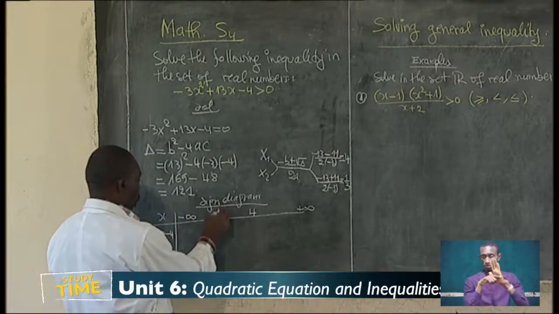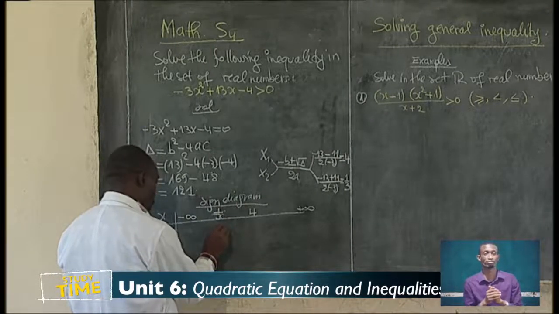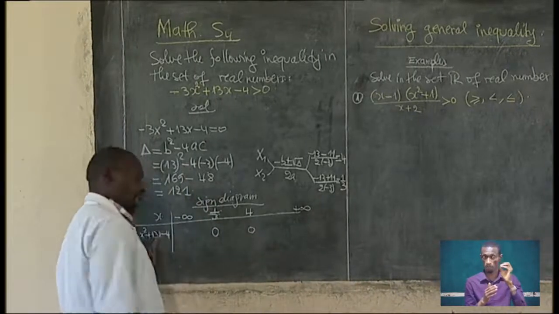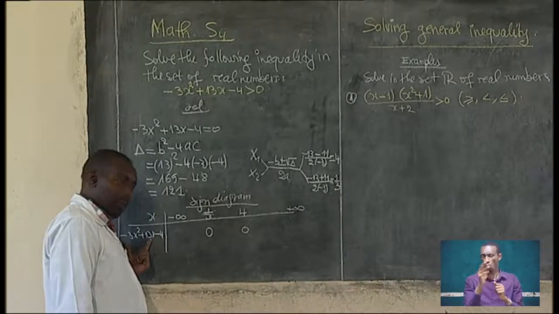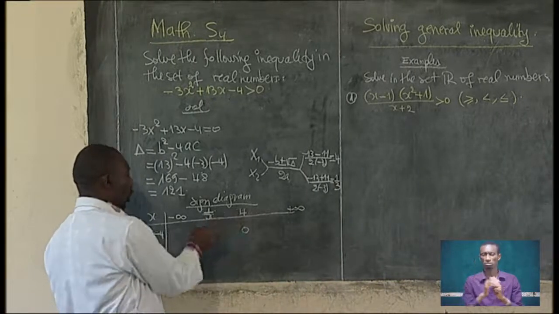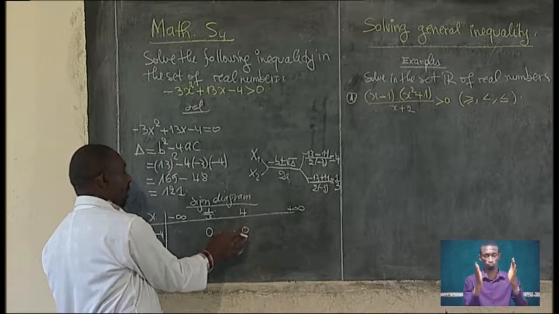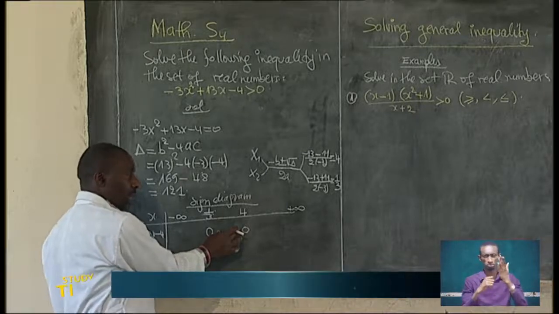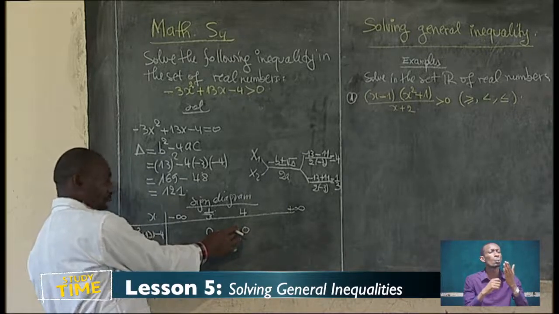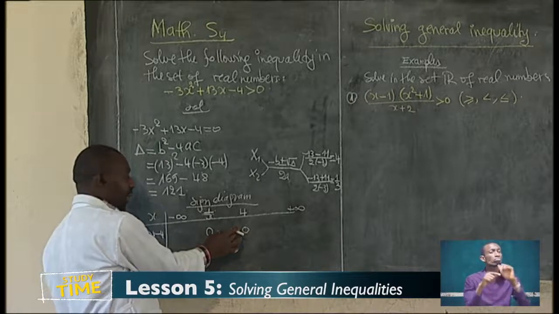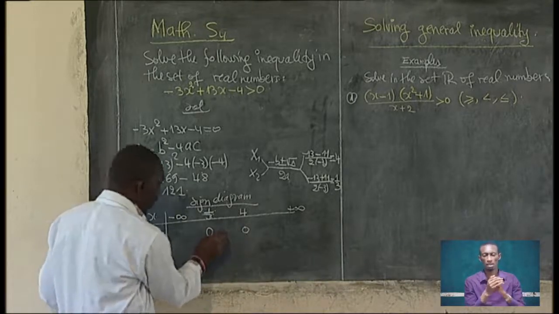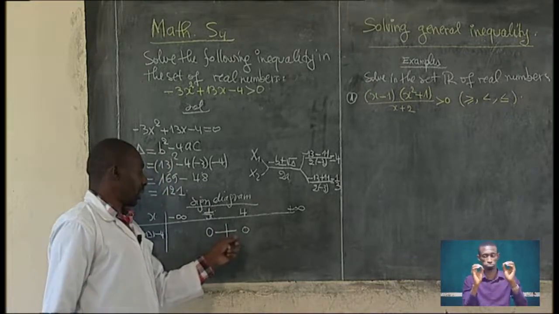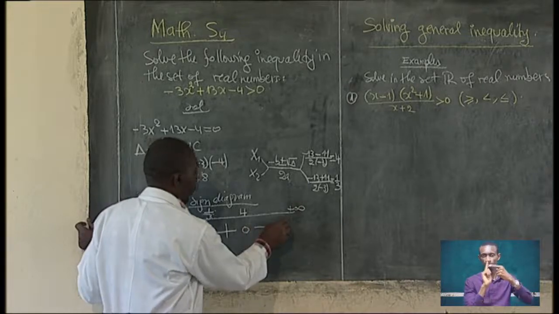This expression is equal to 0 at 1/3 and at 4. As this is a quadratic expression, between these two roots, I will have the opposite sign of the leading coefficient. Leading coefficient is minus 3. As it is negative, the opposite sign will be positive. It means that between 1/3 and 4, it will be positive, otherwise it is negative.